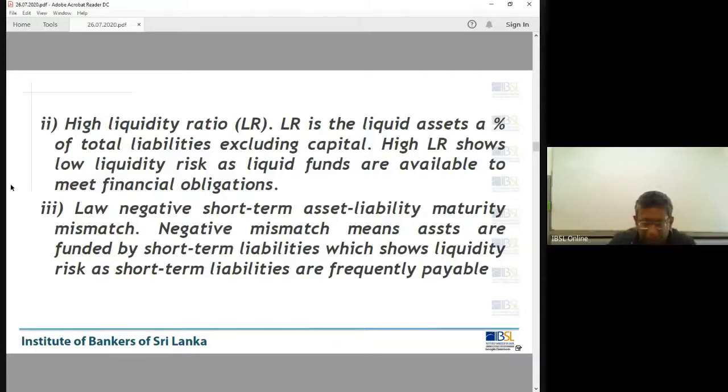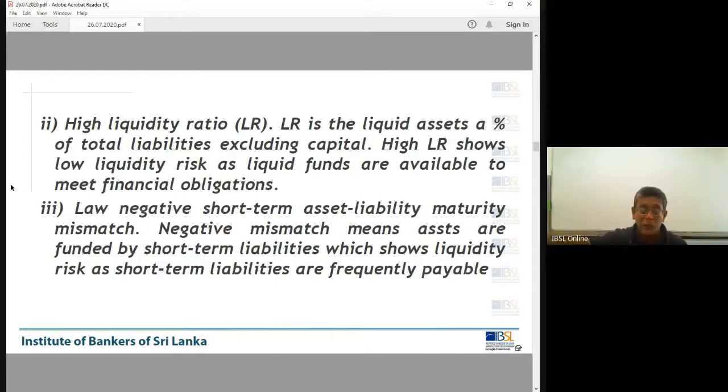Now let's try to understand this concept. Remember, all banks today are facing what you call asset-liability maturity mismatch. What is the role of a bank? As an intermediary, the main role of a bank is taking deposits and giving loans to customers and earning a profit from them.